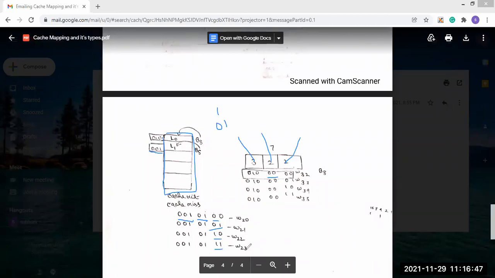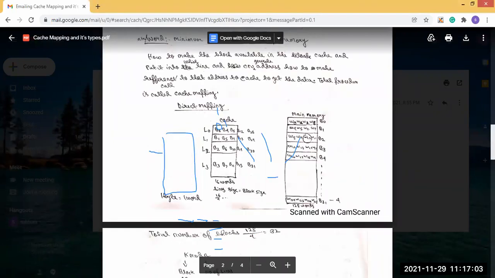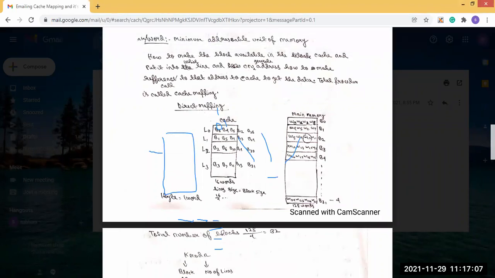Where are these words present? Word number 20, if we see, before it are 16, 17, 18, 19 in block 4. So words 20, 21, 22, and 23 will be present in block number 5.